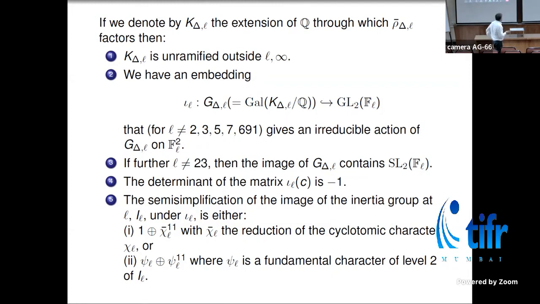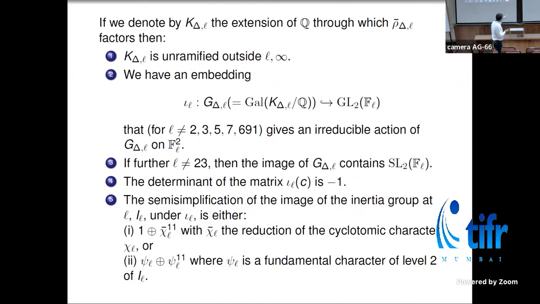So this is telling you something about this representation in terms of the Galois group and its local ramification properties: it's unramified outside l and infinity. But to tie it to the delta function, you need more information. You need to know what's happening for this extension at l. What are the ramification properties of this extension at l?